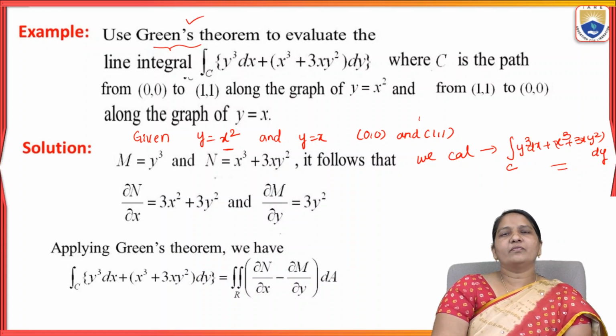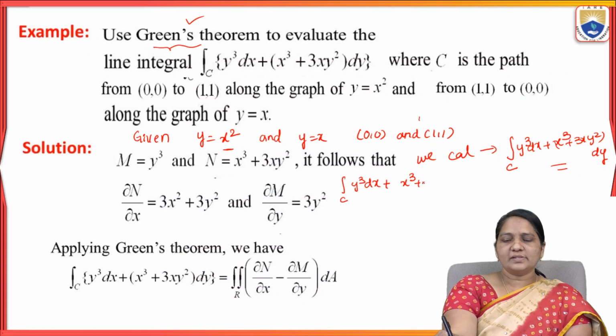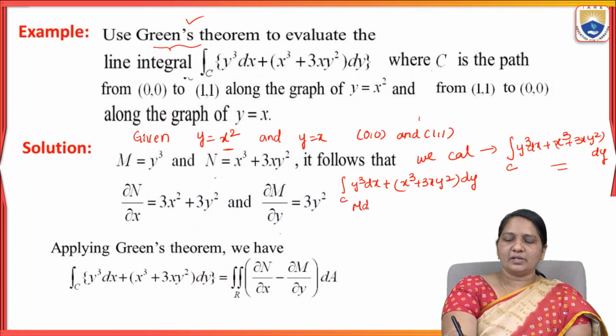So along C, we have y cubed dx plus x cubed plus 3xy squared into dy. This is in the form of the integral over C of M dx plus N dy.